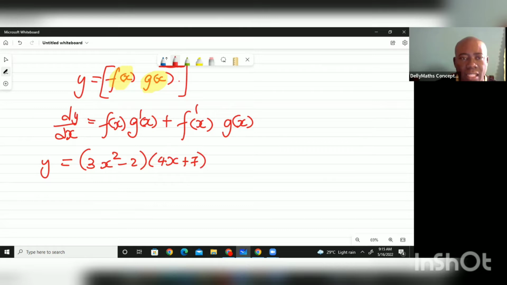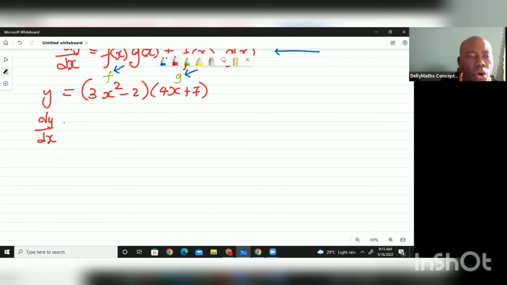Now we can label this first one f, we can label this one g, and then we operate based on this principle in terms of the rule right here. So there it is, we have our f, we have our g.